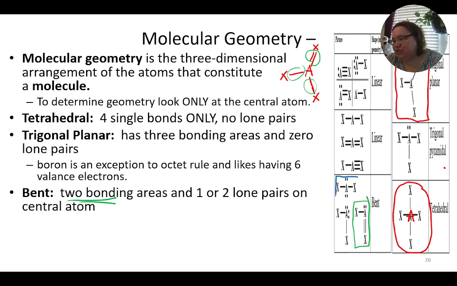And the other version of the bent, which is the more common one we're going to see, has 2 single bonds and 2 lone pairs around that central atom. So when you actually look at it in three-dimensional space, it has a bent, kind of an L-type shape. But with this top one, it's kind of hard to see that those X's are coming off of us out of the screen.